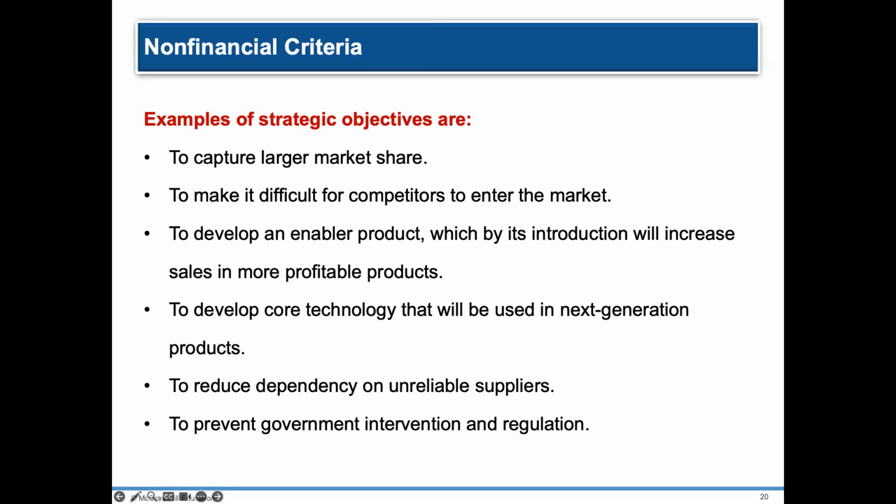Like for example, Universal Robina. So Universal Robina, as you know, is a company that is owned by the Gokongwei Group, and they are the number one snack company.